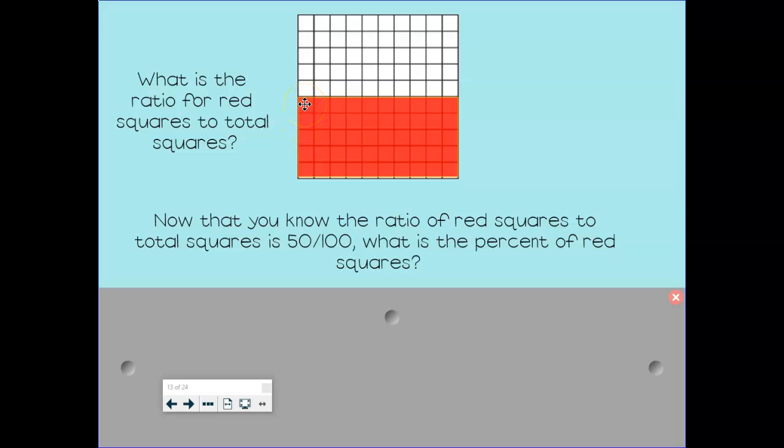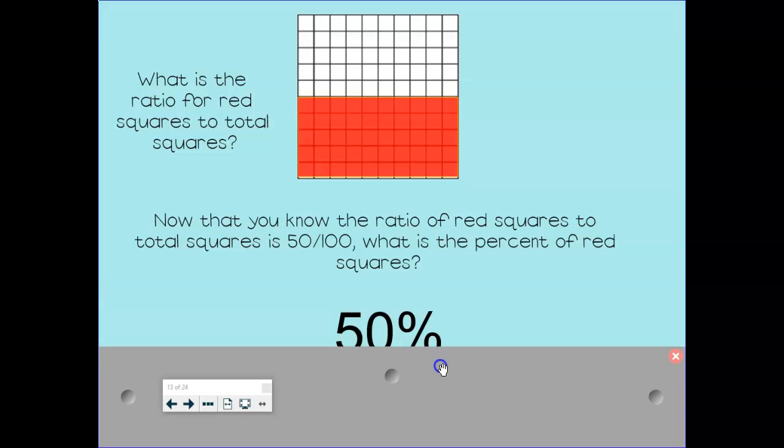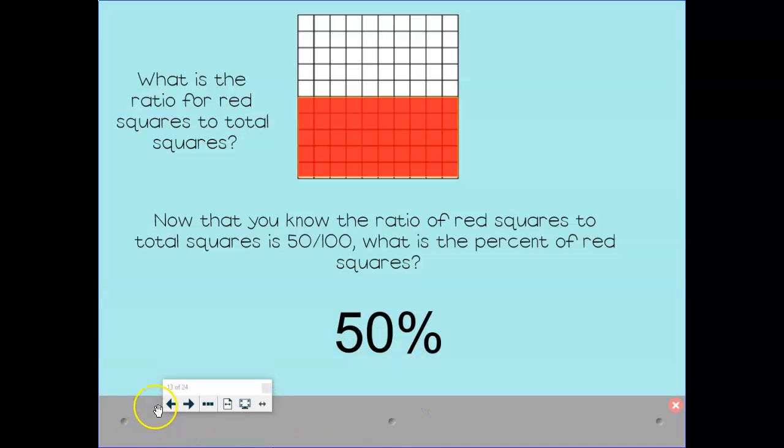So my ratio of red squares to total squares is 50 red to 100 total. So what percent is the red squares? What percent is 50 out of 100? That answer is 50%.